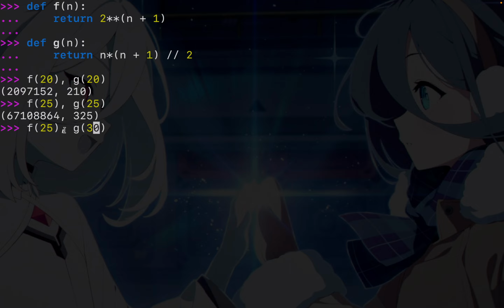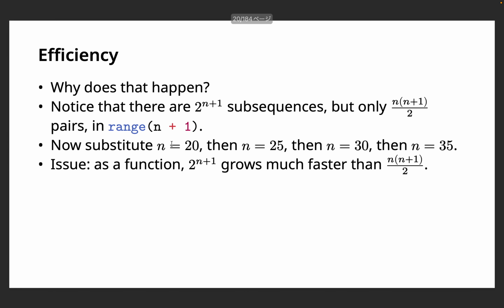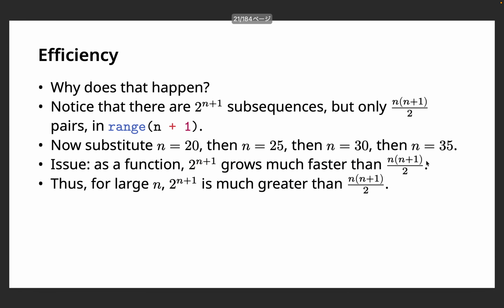So let's say 30. As you can see, when we reach 30, this is already a lot larger than the n times n plus 1 over 2 here. So the point is, this 2 raised to n plus 1 grows a lot faster than n times n plus 1 over 2.